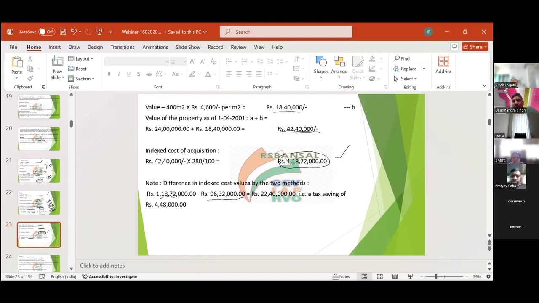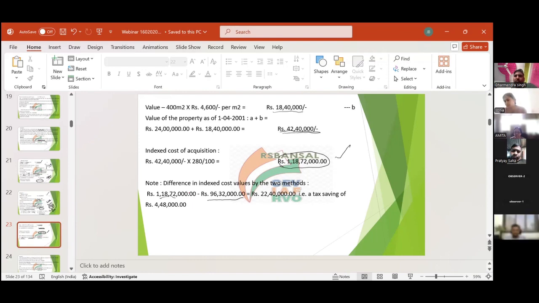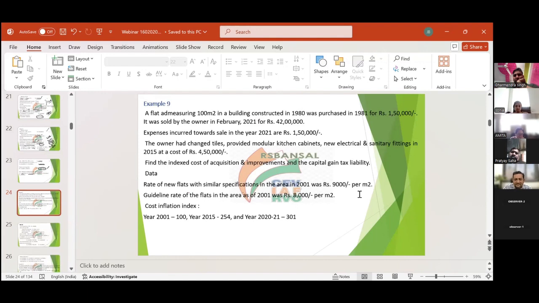So in this way, you can reduce the tax liability of your client. Next: a flat admeasuring 100 square meter in a building constructed in 1980 was purchased in 1981 for rupees 1,50,000. It was sold by the owner in February 2021 for 42 lakh.